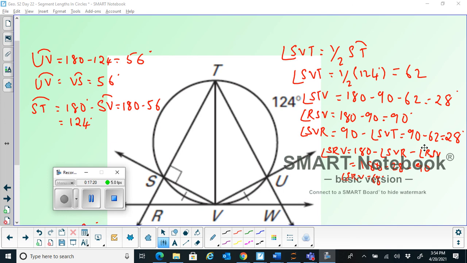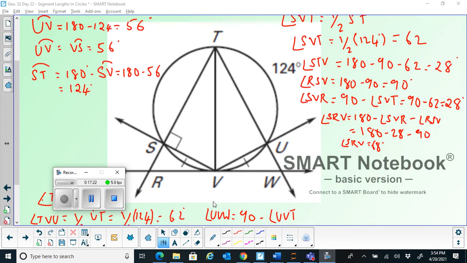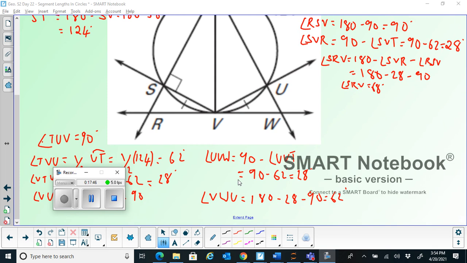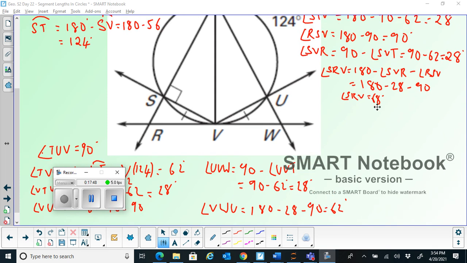And to find angle SRV, angle SRV is going to be 180 minus SVR minus RSV. Sum of angles in a triangle is 180. Using that we can get angle SRV as 180 minus 28 minus 90, which will give us 68 degrees. Okay. Then further, I think this should have been 62 degrees.